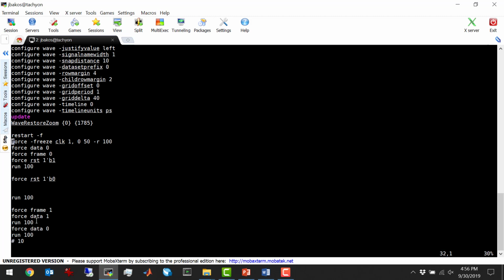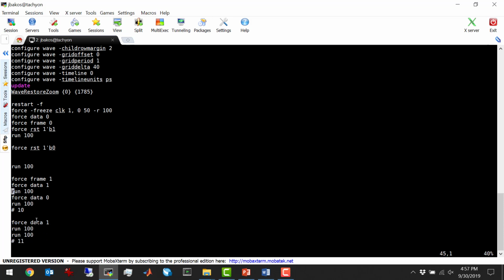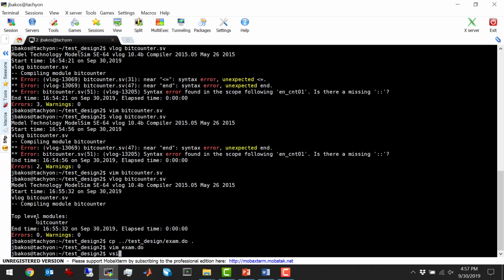And then this command will tell ModelSim to set up a clock signal, which you can do in a test bench with an always block, as we showed you as well. And then it went through the reset cycle, and then it sent the same sequence of data. So let's see if it works. So I'll do vsim -novopt bit counter.